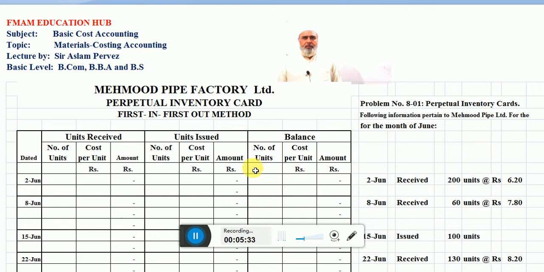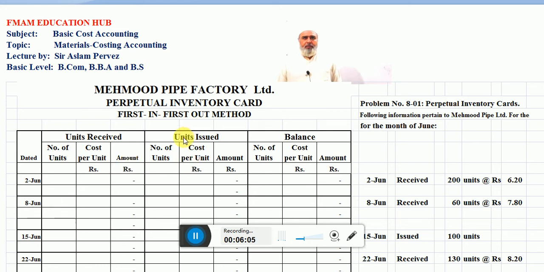Students, except dated column, every column has its three small sub columns, like number of units column, second cost per unit column, and third amount column.